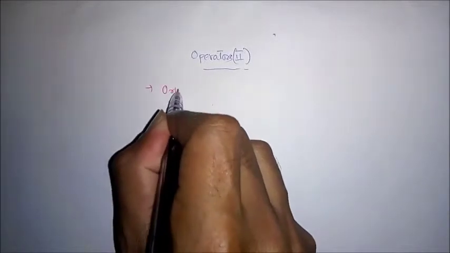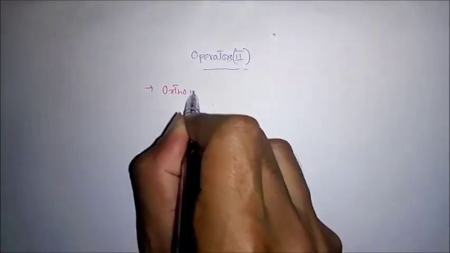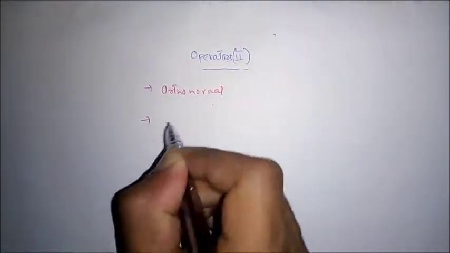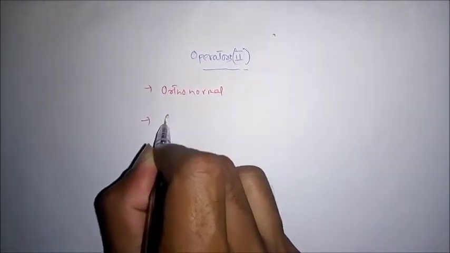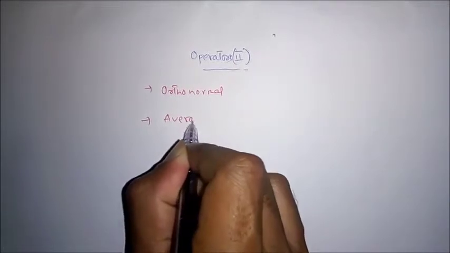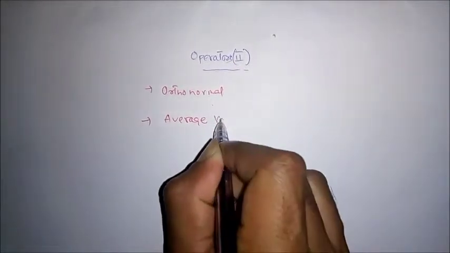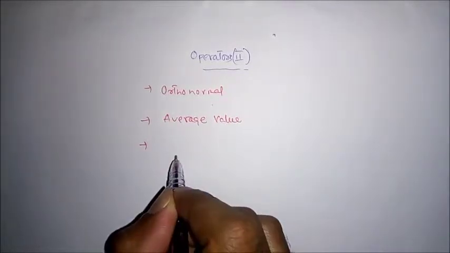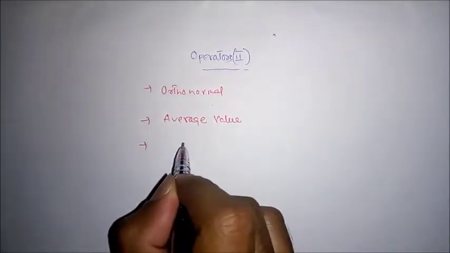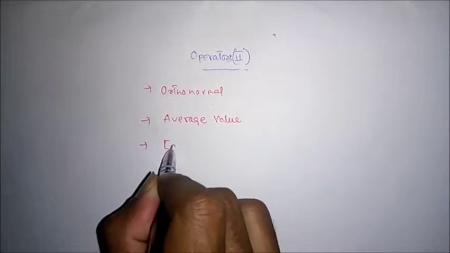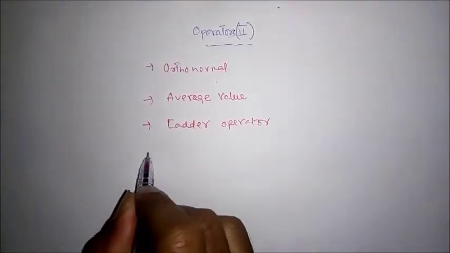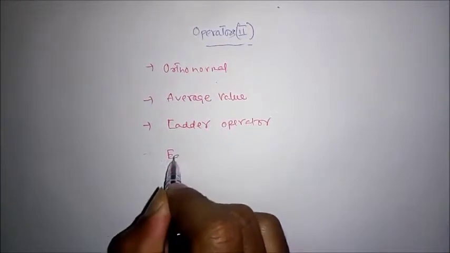what is orthonormal conditions, okay, and we'll discuss the average value of a physical observable of a system, and we'll discuss the ladder operator, what is ladder operator, and we'll discuss the equation of motion.